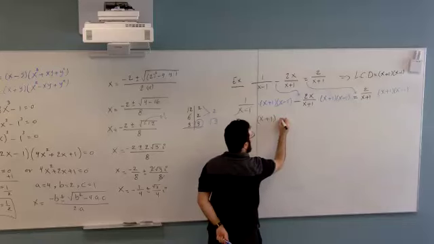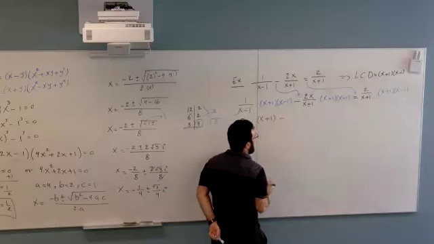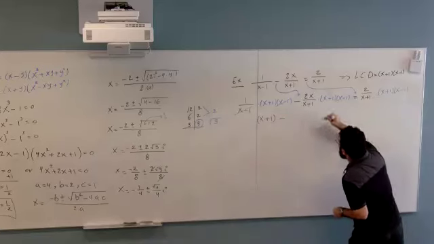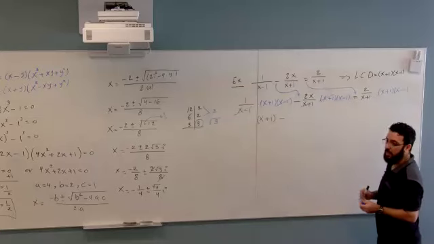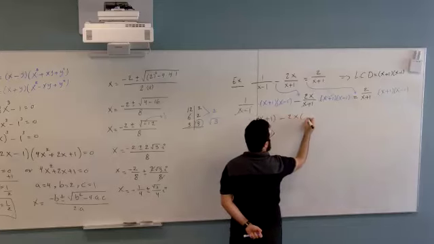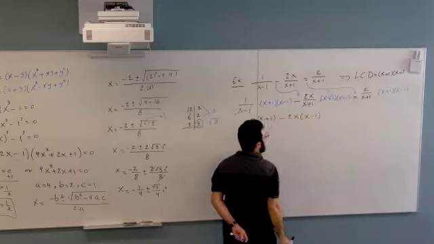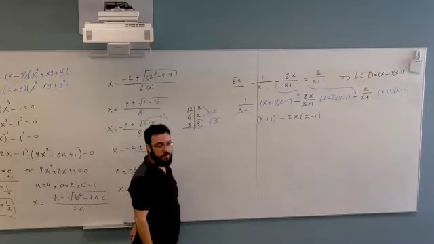Yes or no? Minus. For the second one, can I cancel this one with this one? What's the left? 2x times x minus 1. Okay so far? Yes or no?